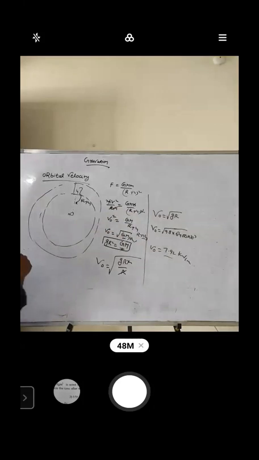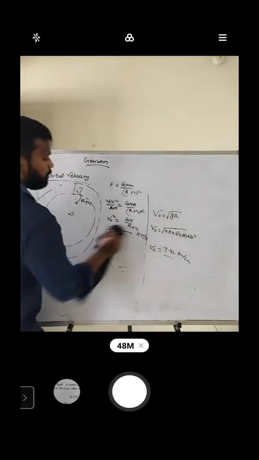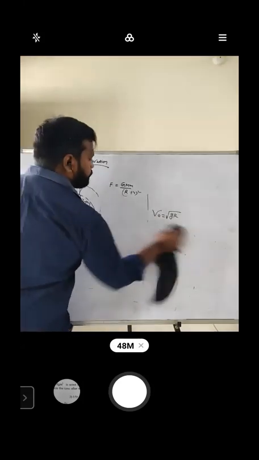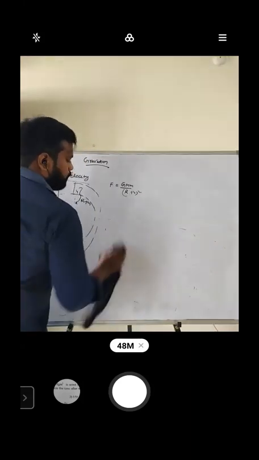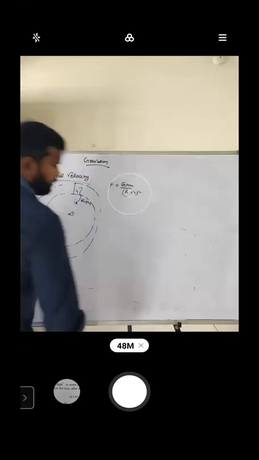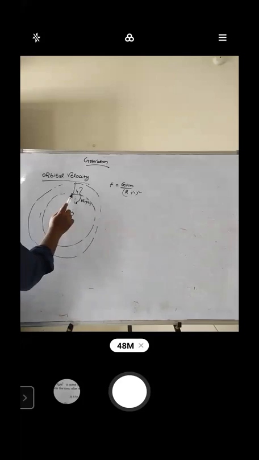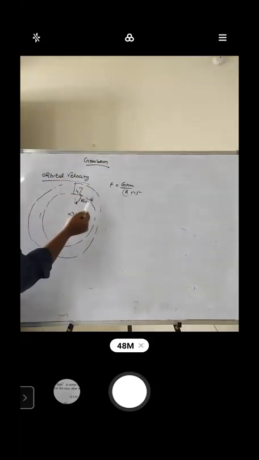Orbital velocity, again I'm going to explain it. Orbital velocity means the horizontal velocity required for an object revolving in a circular orbit. From the Earth's surface we are sending one satellite, and it enters into an orbit. Earth radius is R, at a certain height h, the total distance is R plus h.